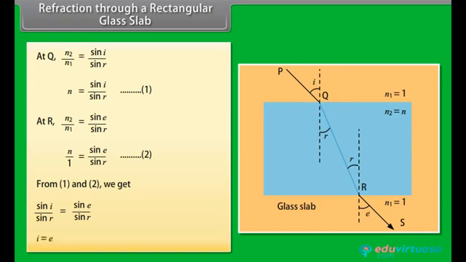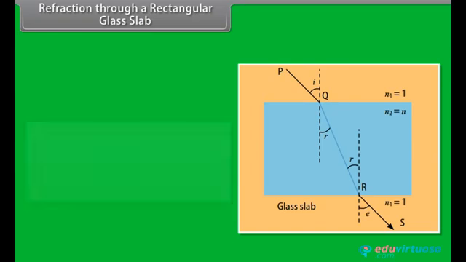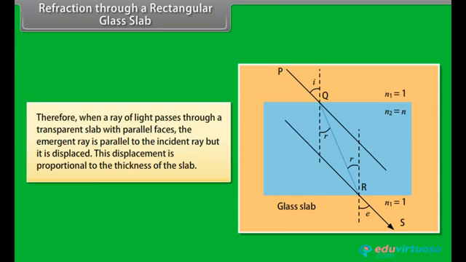This gives i is equal to e. Therefore, when a ray of light passes through a transparent slab with parallel faces, the emergent ray is parallel to the incident ray, but it is displaced. This displacement is proportional to the thickness of the slab.